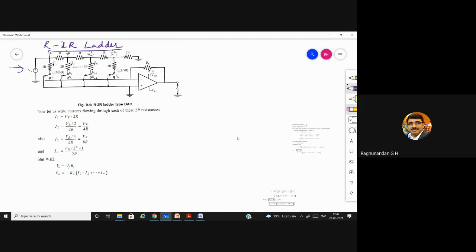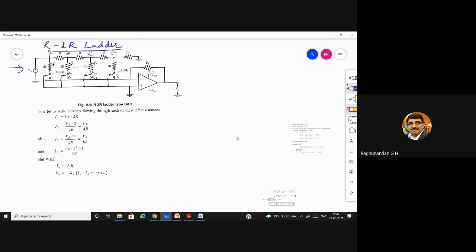Now you can look into the circuit. It is simplified, and here you can observe the negative terminal will be connected to the switch.